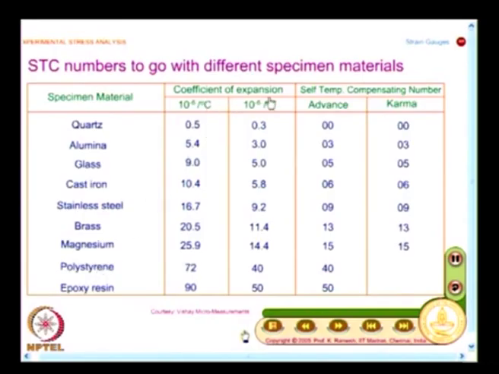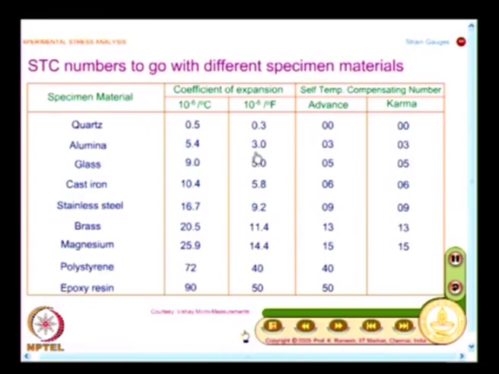The coefficient of expansion is given per degree centigrade and per degree Fahrenheit for various base materials. If you look at the self temperature compensating number, it is given for advance alloy as well as karma alloy, and this matches the coefficient of expansion in terms of per degree Fahrenheit.